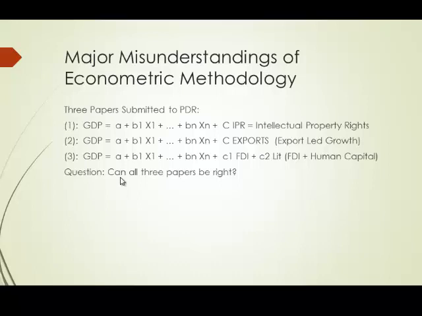The reality is that what the students learn to do, because nobody ever warns them that this is wrong, is that they learn to believe that this is the right methodology, which it is not. In fact, these three models are in conflict with each other, and it is impossible for all three of them to be right. At most, one of them can be right, and most likely all three of them are wrong and coming to the wrong conclusion.